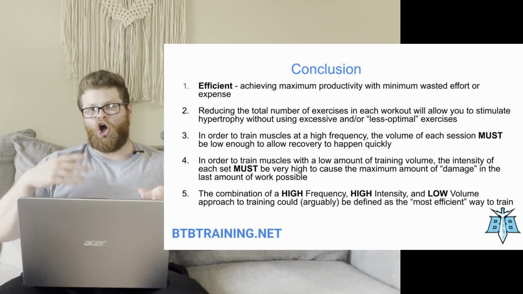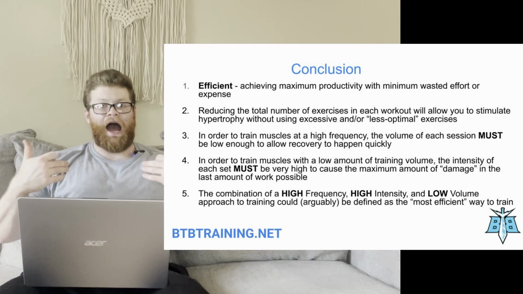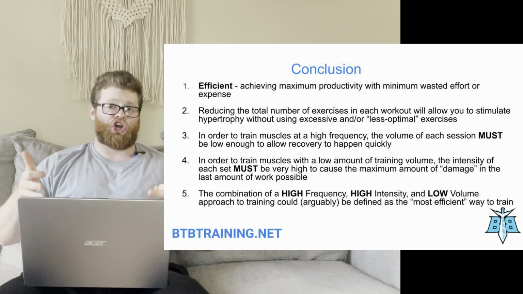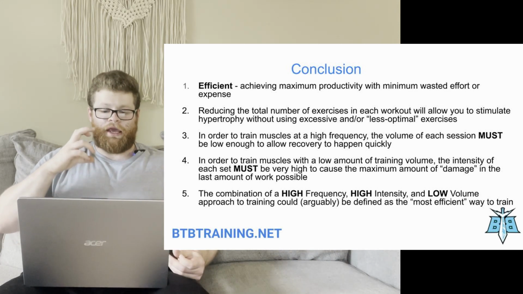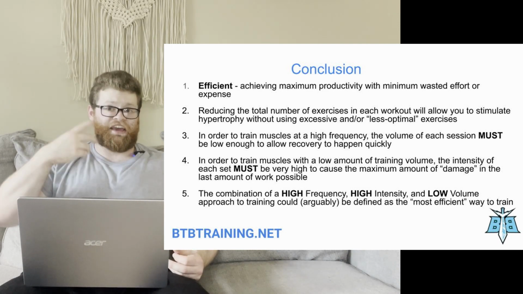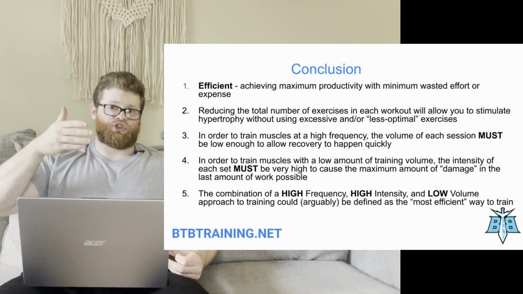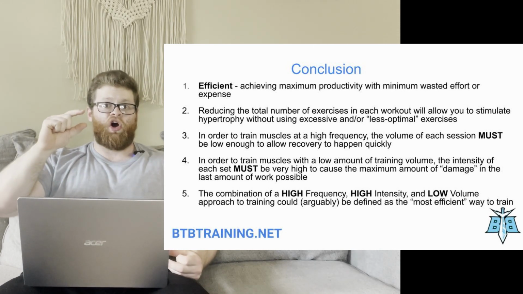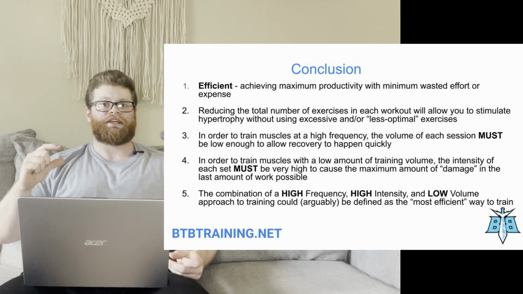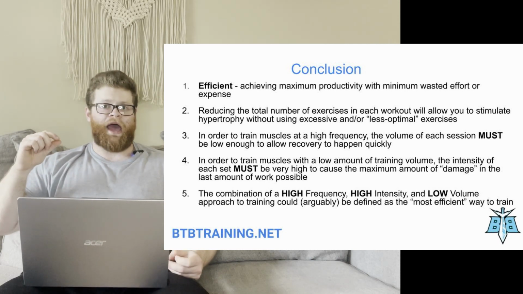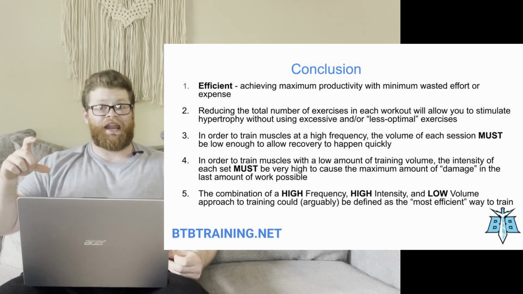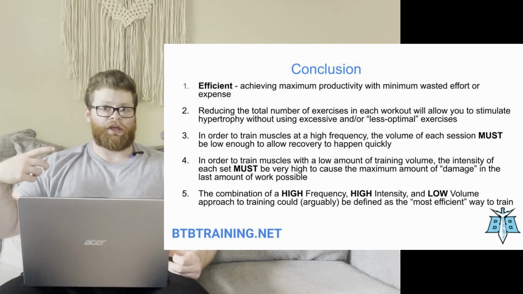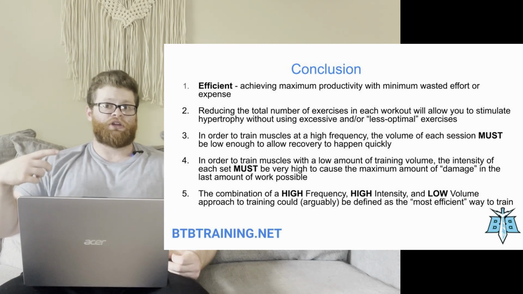And so all in all, in my eyes, the most efficient way to structure your training program is to structure it in a way in which you are hitting your muscles at high frequency. In order to hit those muscles at high frequency, the volume within each individual session needs to be low. And then in order to actually get muscle growth out of low volume training, each individual set has to be very high intensity and high quality in order to stimulate all the muscle fibers necessary to cause muscle to grow.